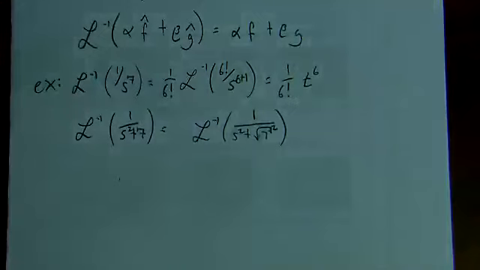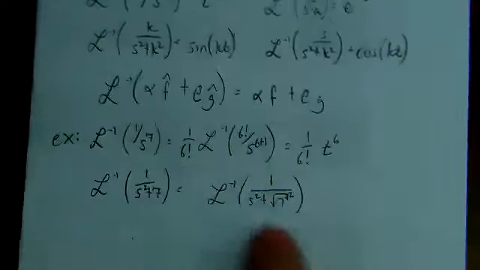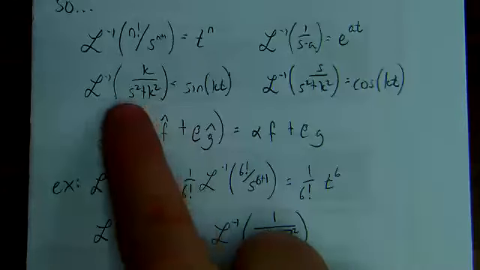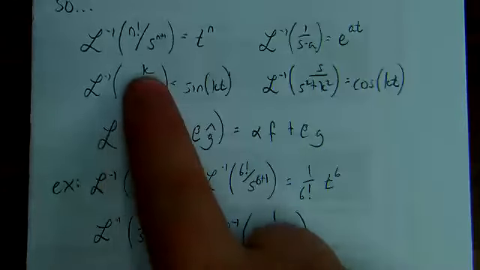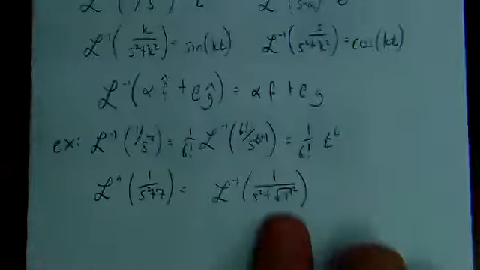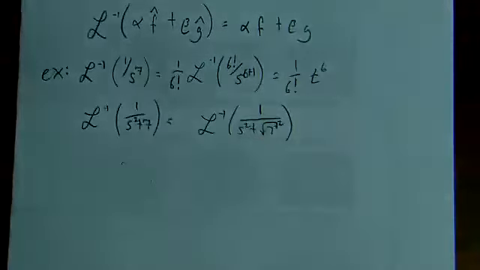Right? I haven't changed anything about it except perhaps what color it's painted. But I need not just s squared plus k squared in the denominator, I need k in the numerator. K here is root 7.